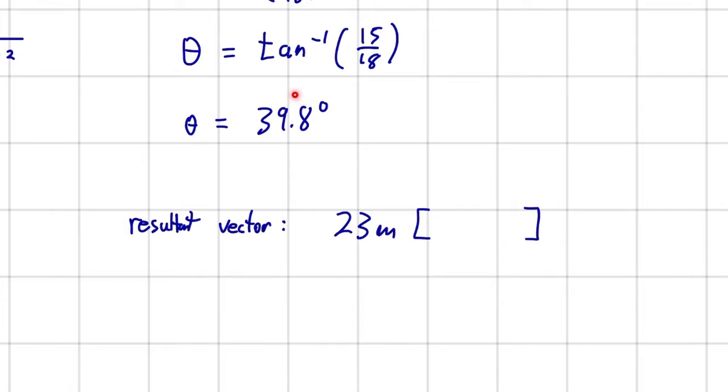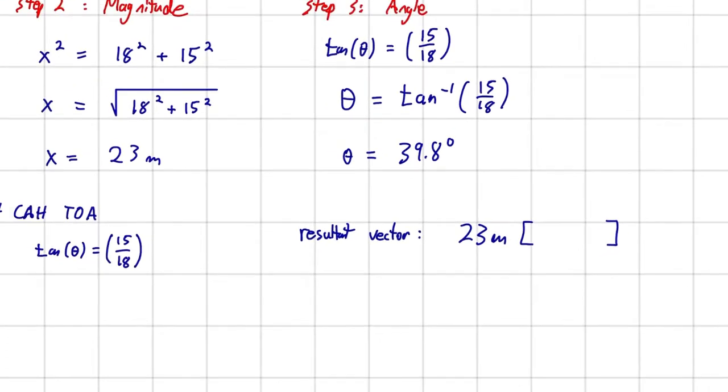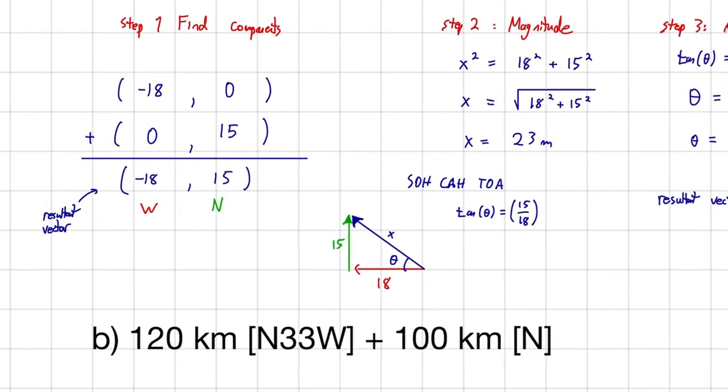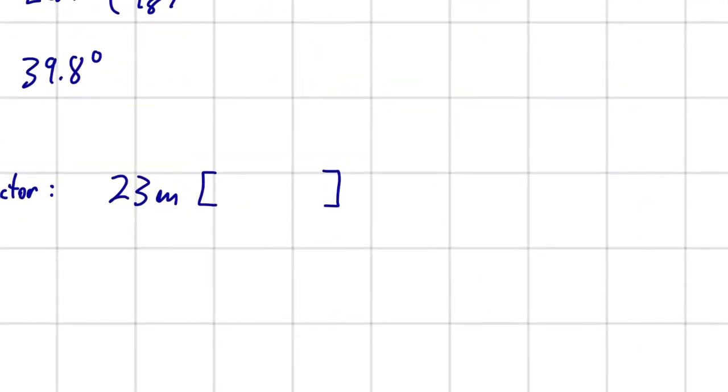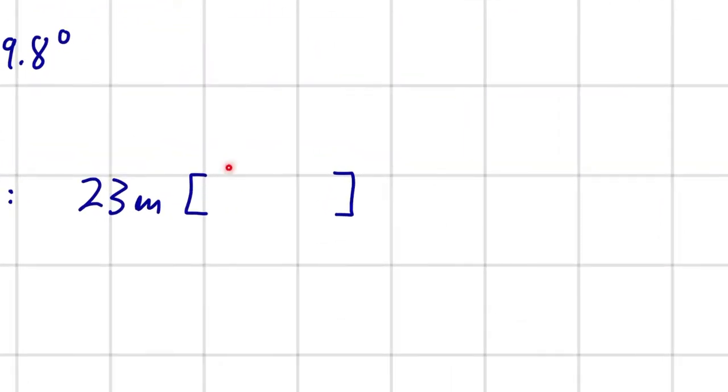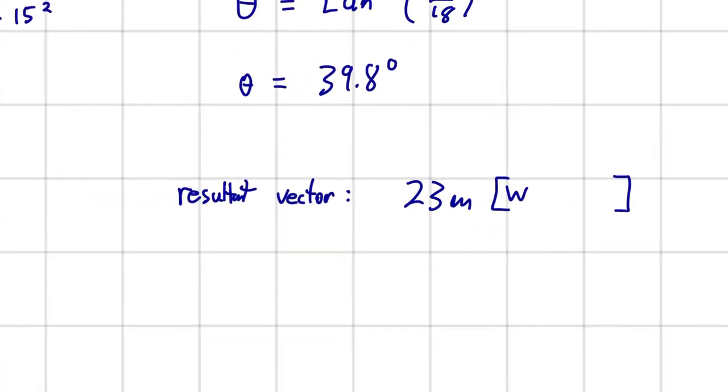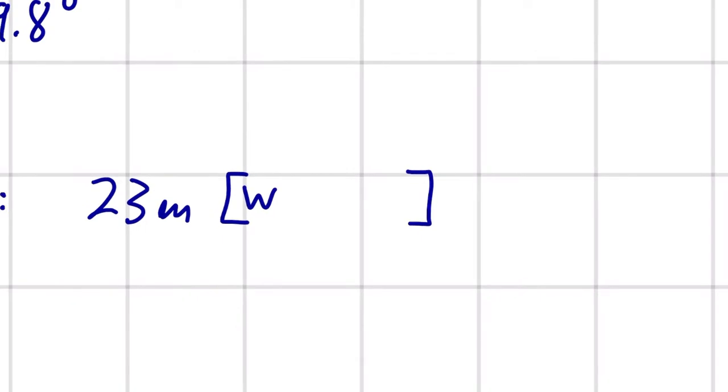Well, it's 39.8 degrees. But in what direction? Well, going back to our components here, we have a west and a north. And we're always going to write our east or west first and our north or south second. So it's going to be west, 39.8, I'm going to round that to 40.